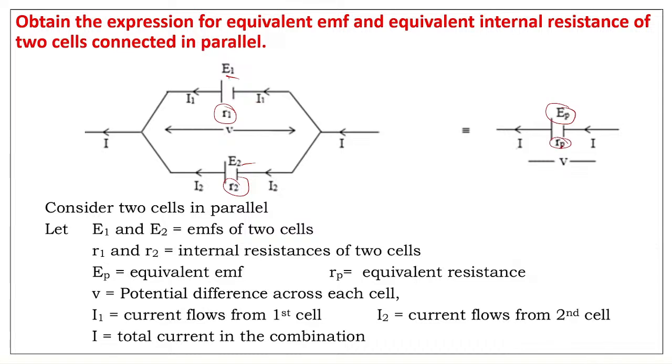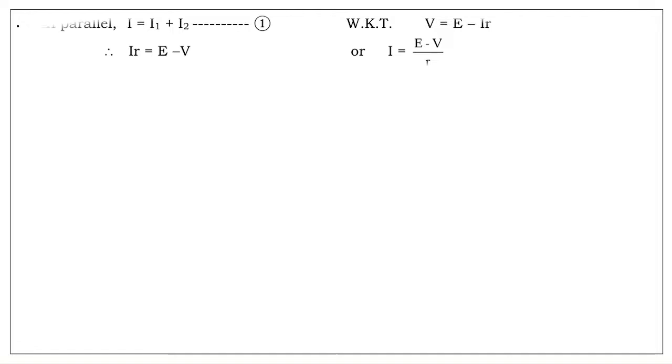RP is the equivalent resistance. V is the potential difference across each cell. I1 is the current flowing from the first cell. I2 is the current flowing from the second cell. I is the total current in the combination. In parallel, I is equal to I1 plus I2.